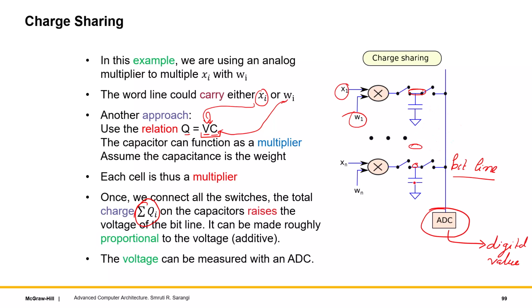If the values of these capacitances are the same, then of course the voltage is the same, so the charge across them will also be the same, so the charge will get distributed. You can work out the math, but essentially the total charge will determine the voltage over here, and the voltage will get converted to a digital value which is representative of the final output of the convolution.